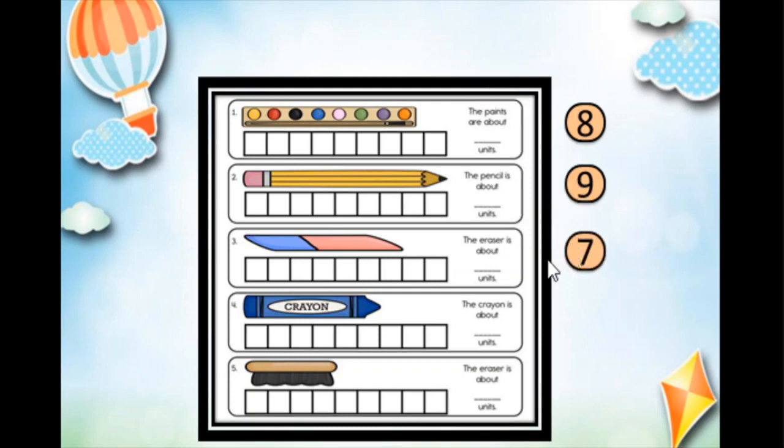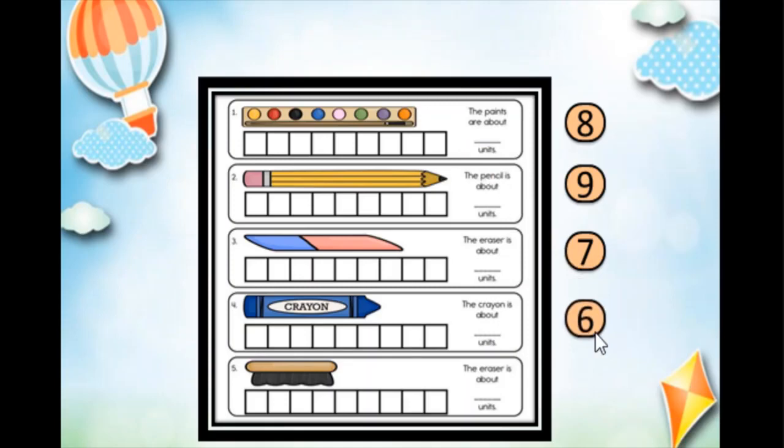How about this time the crayon? How many small boxes long is this crayon? Let's count together. 1, 2, 3, 4, 5, 6. The crayon is 6 small boxes long.